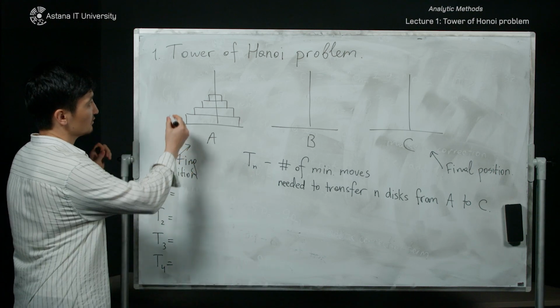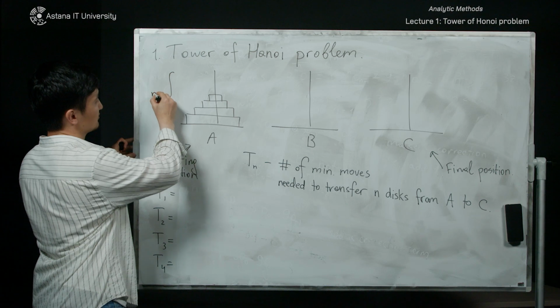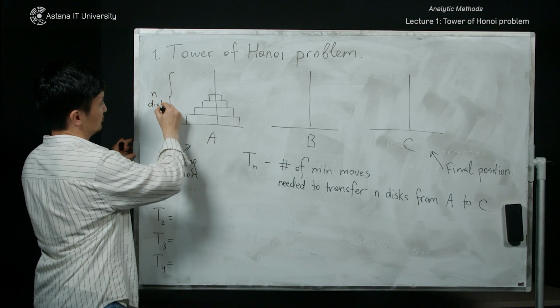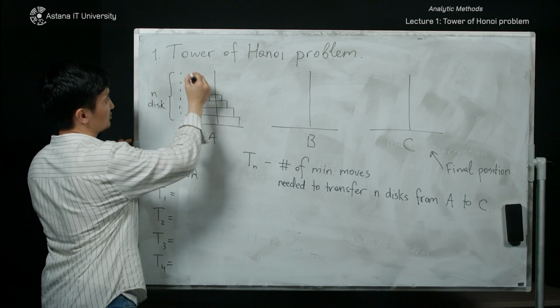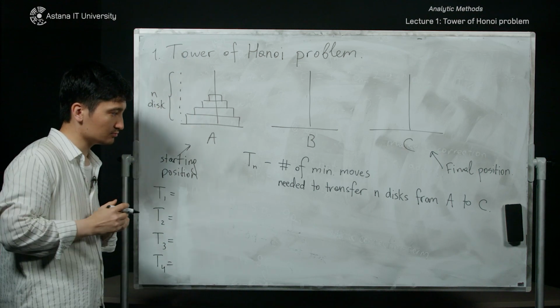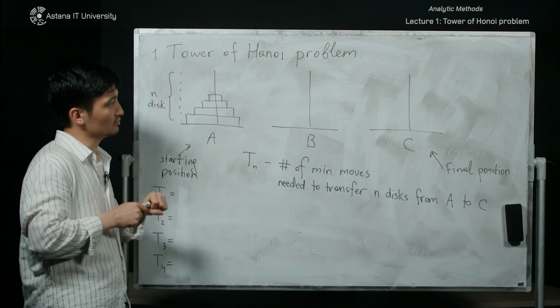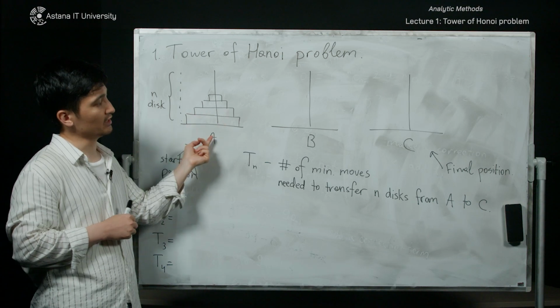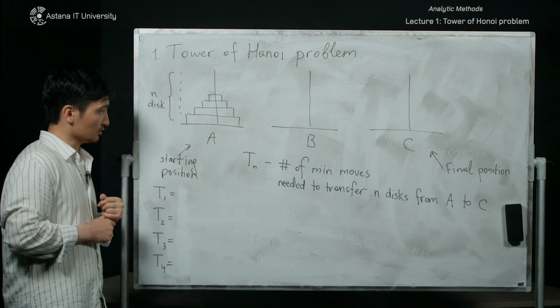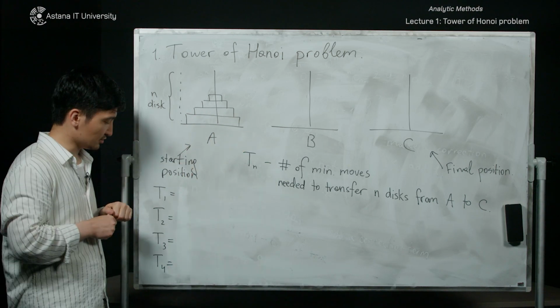So let's say we have n disks, and this goes on and on. I'm indicating Tn to be my minimum number of moves needed to transfer n disks from A to C. This is my starting position and C my final position.